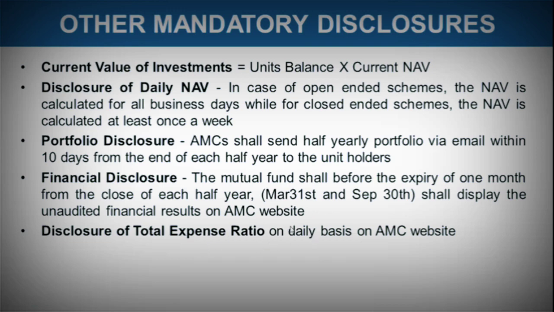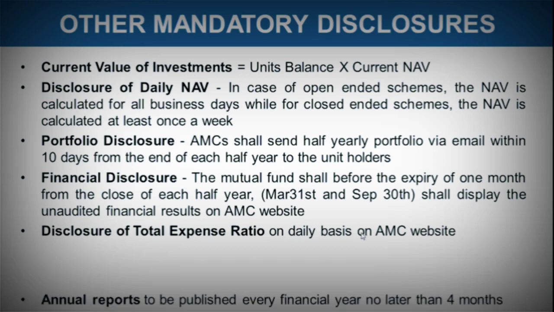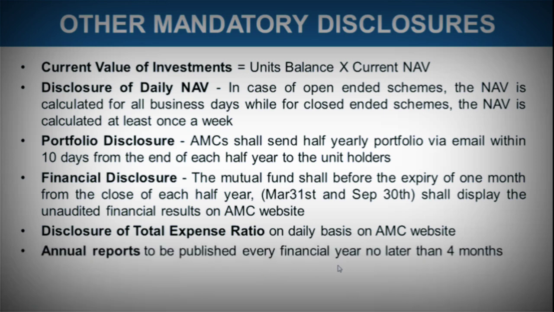Disclosure of total expense ratio is also done on a daily basis, because NAV is calculated daily and the expense ratio is deducted from the NAV to show the real figure. Annual reports are published every financial year, and it can take a maximum of 4 months from the end of the financial year, not more than that.